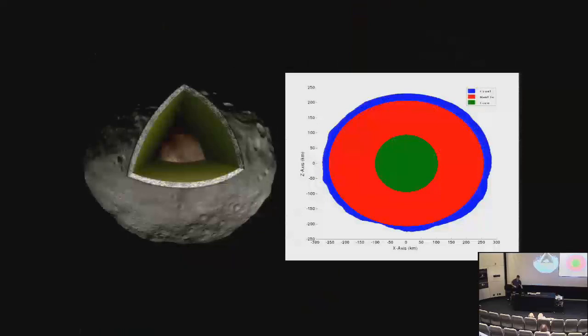And this is what we expected to see when we get to Vesta. So like I said, we expected this iron core, we expected this rocky mantle, and then on the surface, we expected something very different. And what we expected came about from looking at these meteorites that I mentioned out in the atrium. And what they show is that Vesta had volcanoes active on its surface.